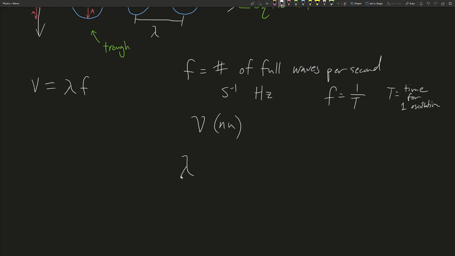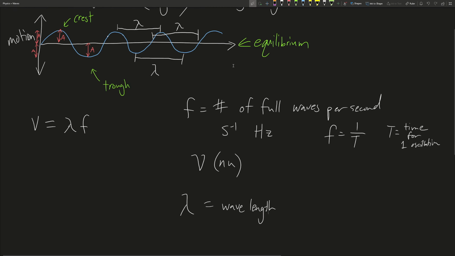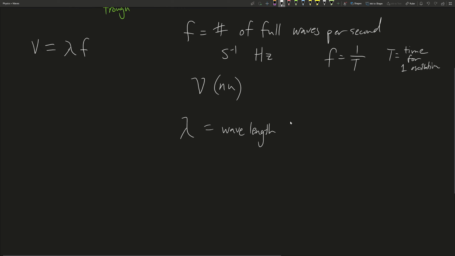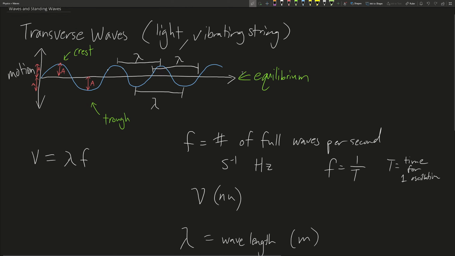Now lambda here is equal to wavelength. Like we discussed before, this is the distance it takes for this wave to repeat, and it is measured in SI units of meters. And v here is equal to wave speed, and that's how fast a wave travels.